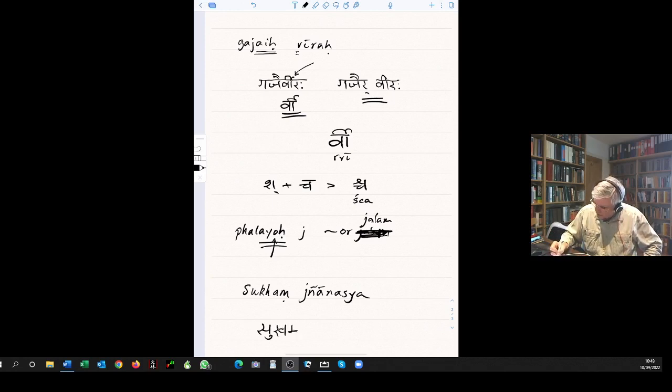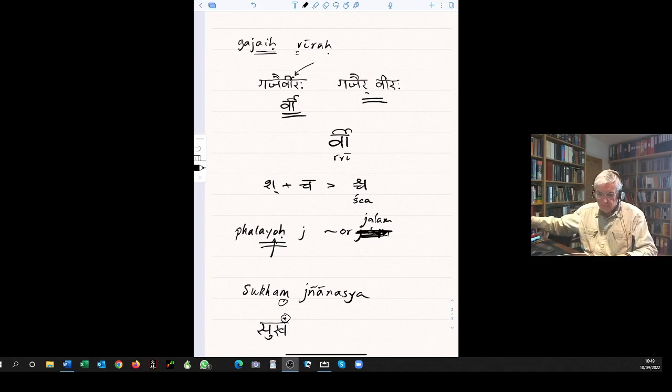So on its own, in isolation, sukham, but then with the dot, sukham. So sukham jnanasya phalam bhavati. Sukham, happiness, phalam bhavati, is the fruit, jnanasya, of knowledge.